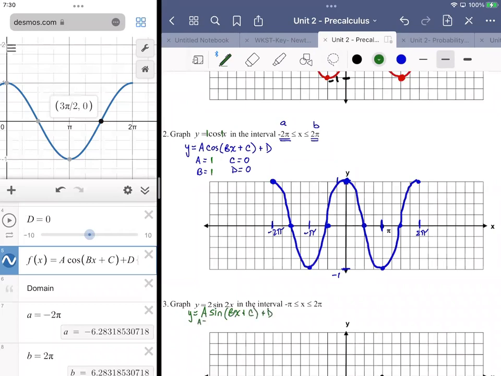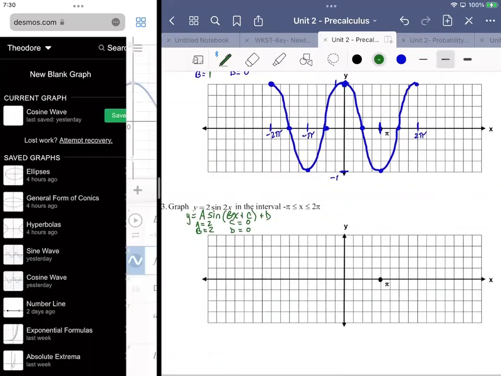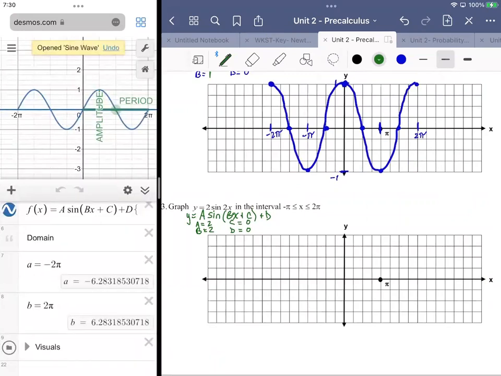The A value is equal to a 2. The B value, also a 2. C value and D value, 0 and 0. So I'd go to my sine wave grapher.